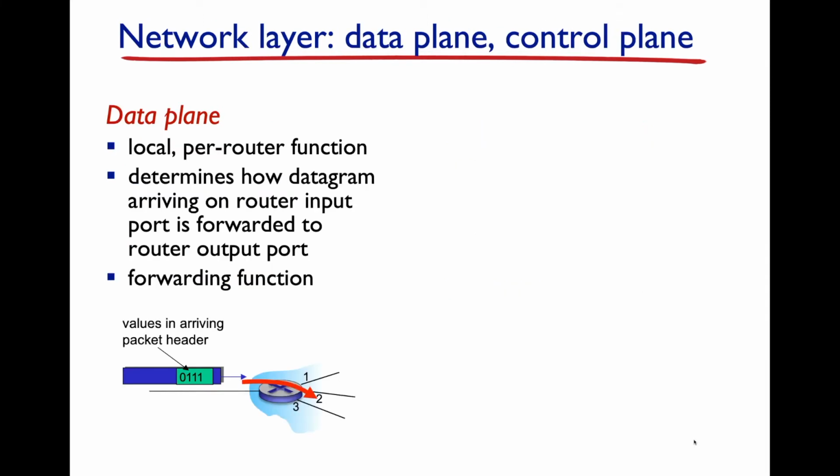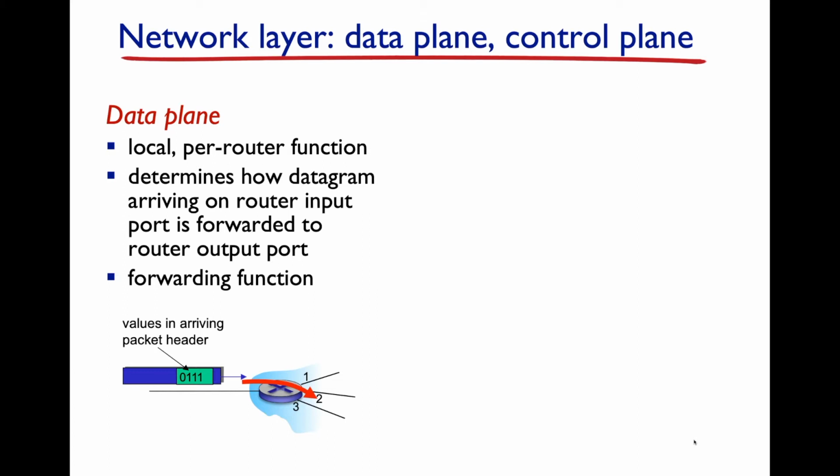So let's take a look at the data plane. The data plane is local, and its function is on a per router basis. The task is to determine how an arriving datagram on the router input port is forwarded to the output port.